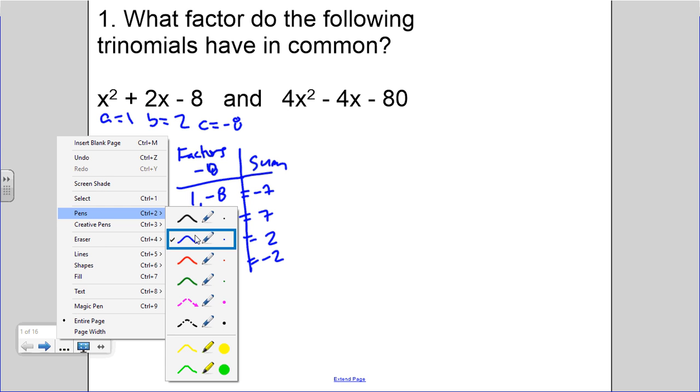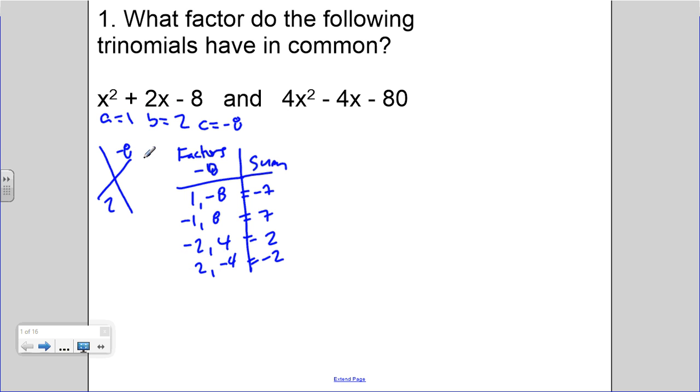So the factors that are correct would be -2 and 4 because they give you 2. So the factors of the first trinomial would be x minus 2 times x plus 4.